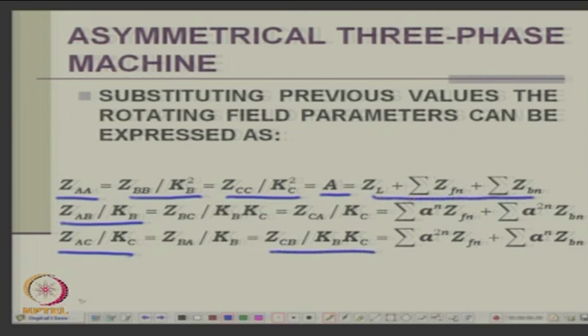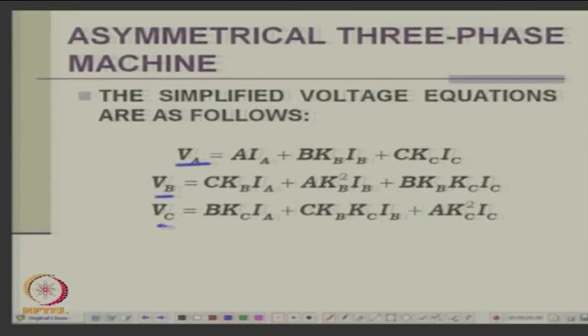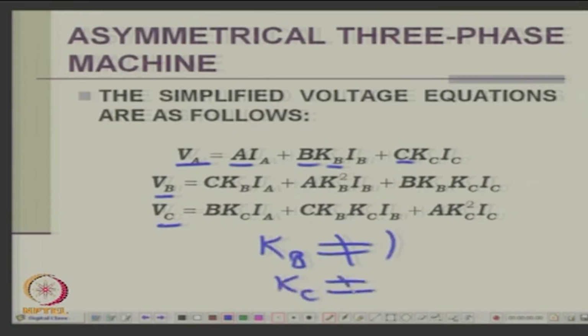I think we need not waste time, because you have the equations, substitute this, but the angle theta A is 120, theta B will be 240, theta C is 120, that is all, okay. And you can, therefore, always have VA, VB, VC in terms of the constants A, B, C. The only thing is that you will have the terms KB, KC, because KB is not equal to 1 and KC is not equal to 1, that is the only difference here in a 3-phase asymmetrical machine, okay.